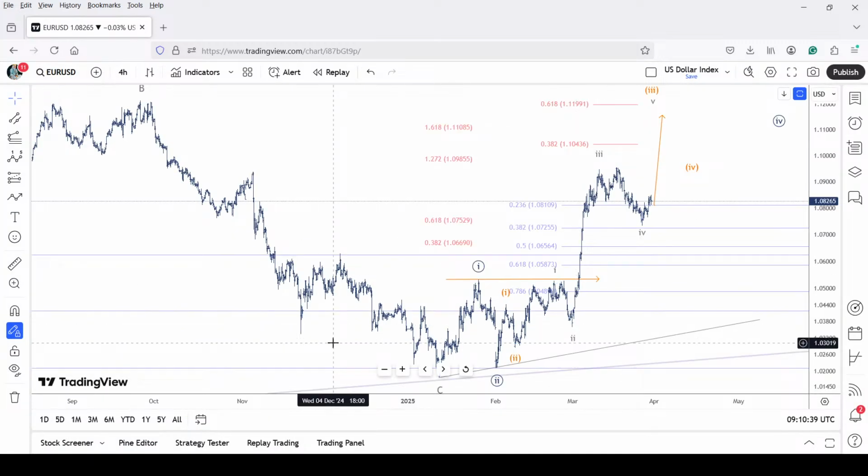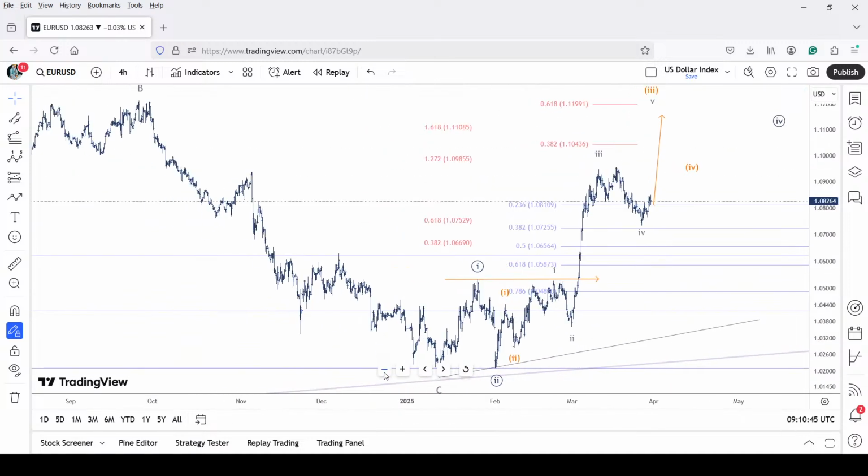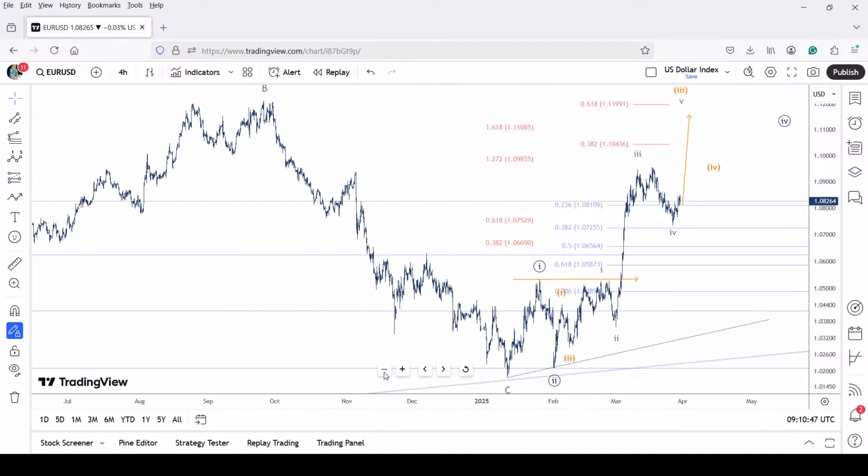All right, the 4-hour chart for Euro USD is up on your screens, and it looks like we are comfortably within the fifth wave of a sub-minute degree against 1.0735, that's the Friday low.